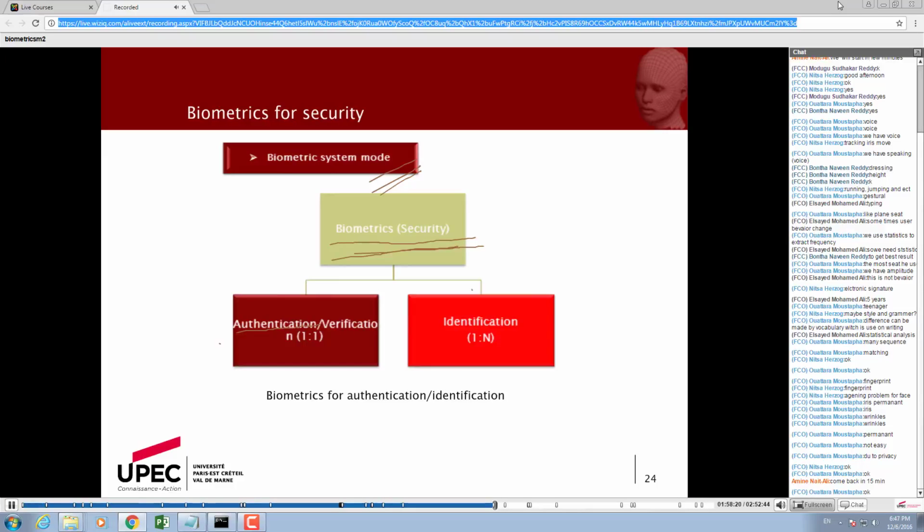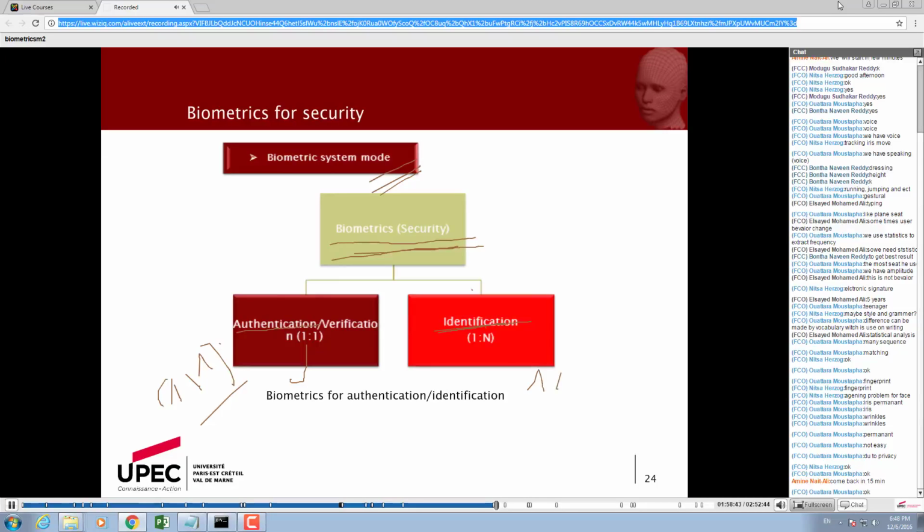In some applications we can be interested in using biometrics for verification purpose, or sometimes we call it authentication. And in some cases we can use it for what we call identification.